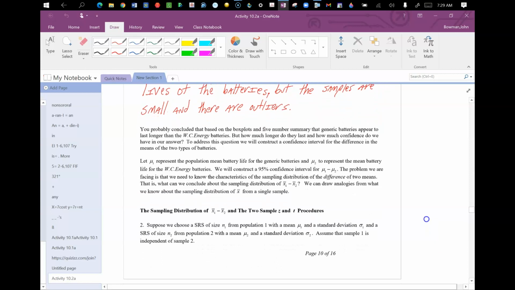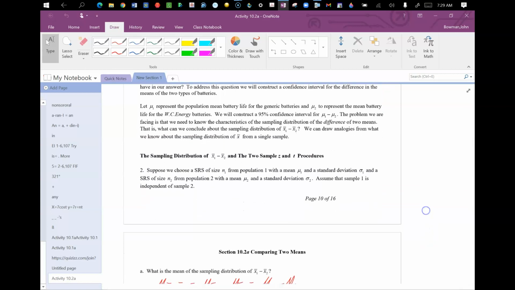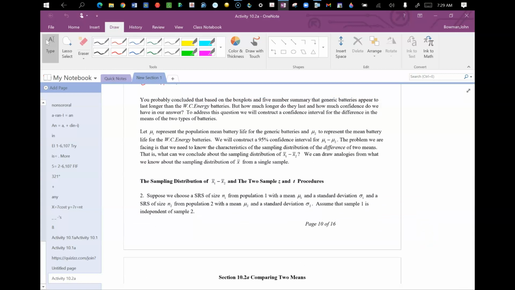that, we want to establish some properties regarding the sampling distribution of the difference of the sample means, and we will start out by looking at what the mean and the standard deviation of that sampling distribution is.